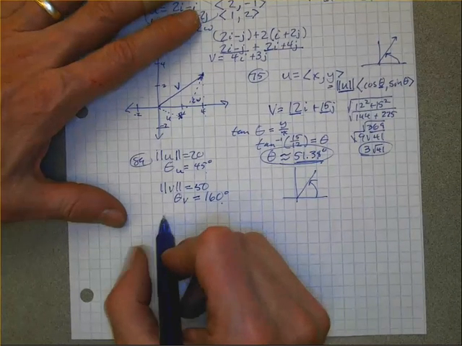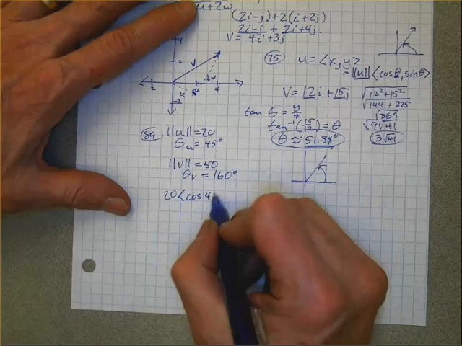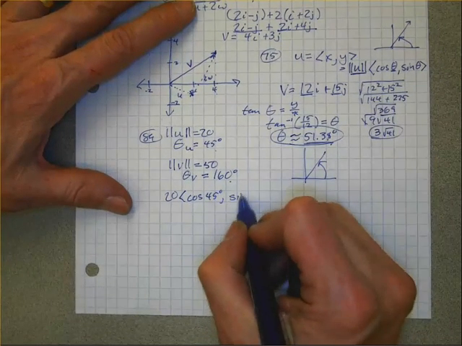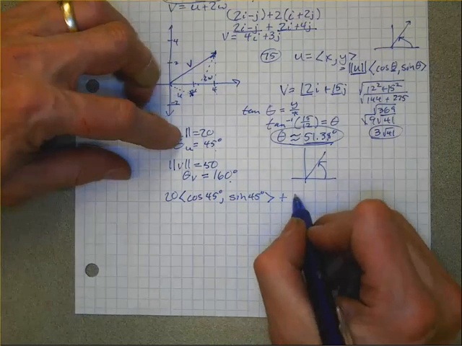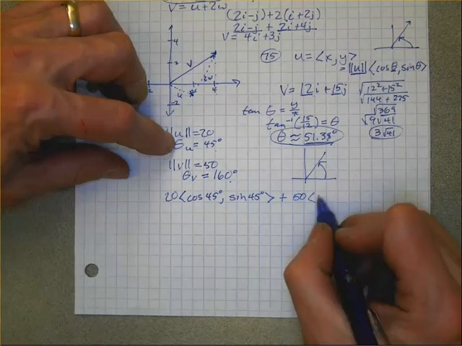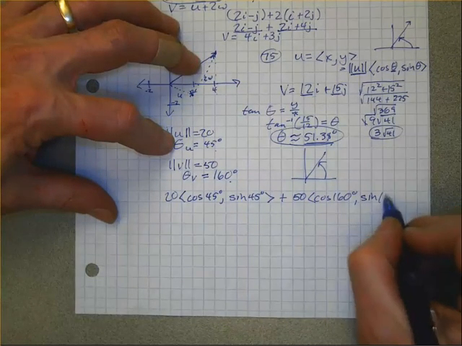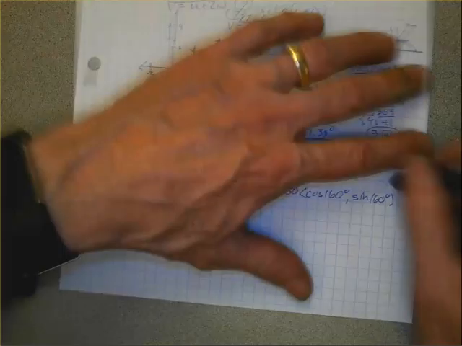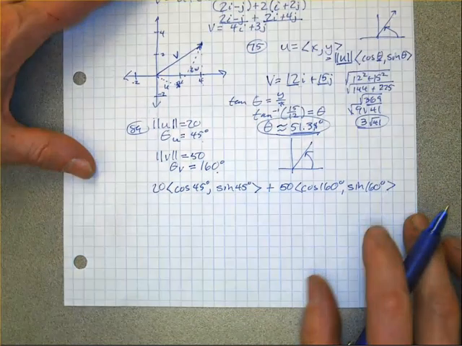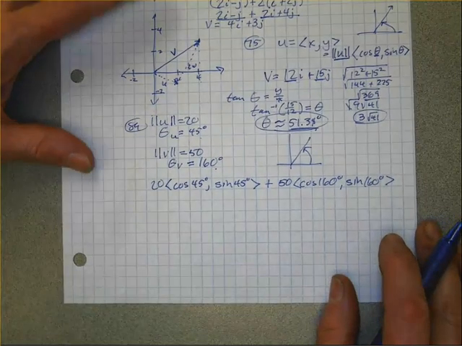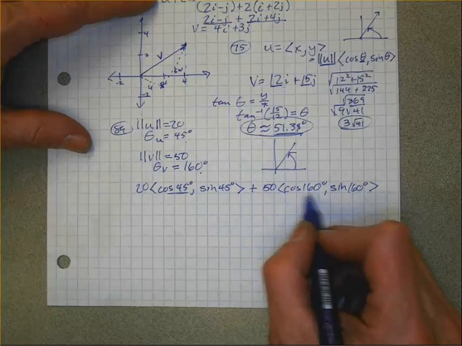So the whole thing is going to look like this: 20 cosine 45 degrees, comma, sine 45 degrees, plus 50 cosine 160, comma, sine 160. Okay, so now this I know, but this I'm going to need the calculator for.